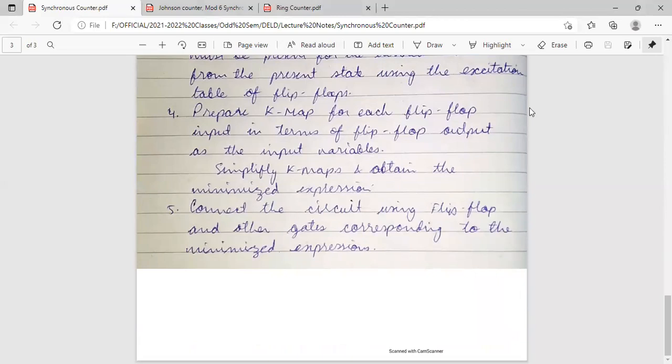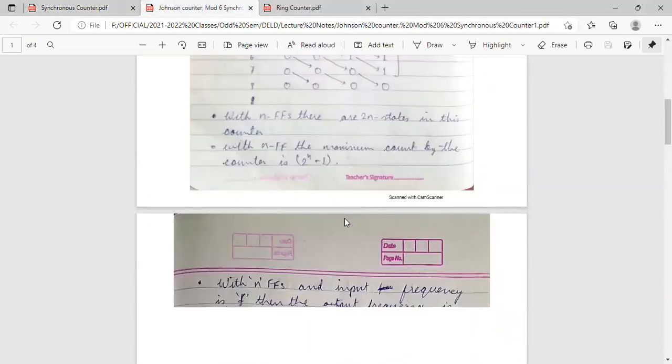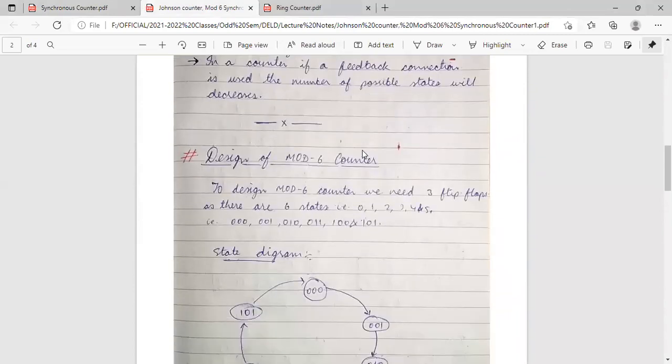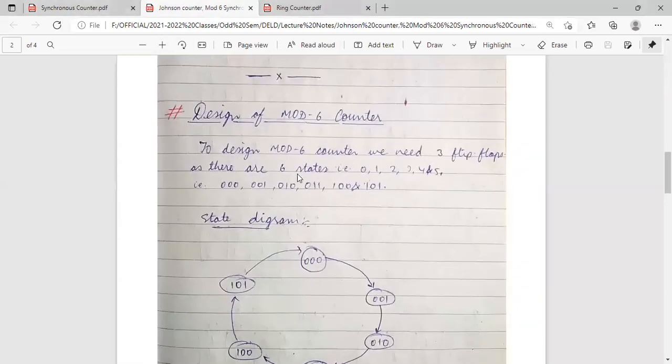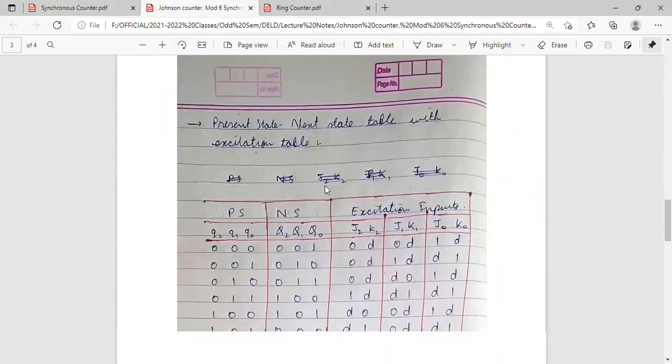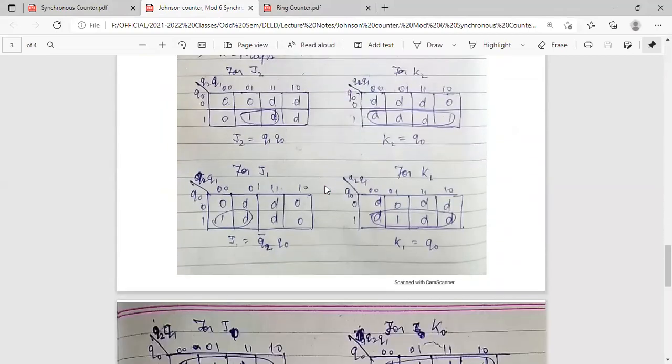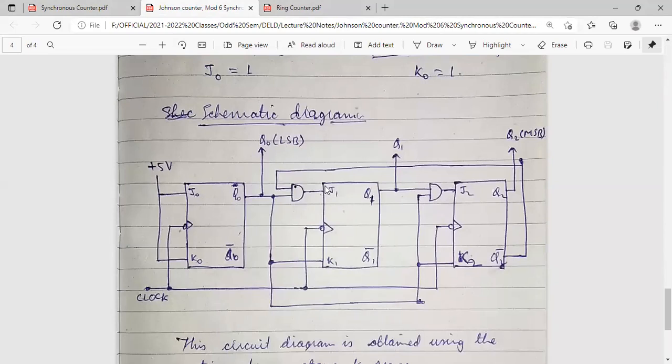This is the mode 6 counter design. We have seen how we can design the mode 6 counter using the steps which we discussed yesterday.